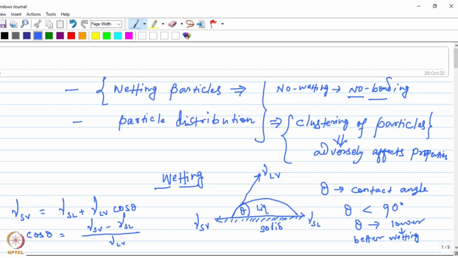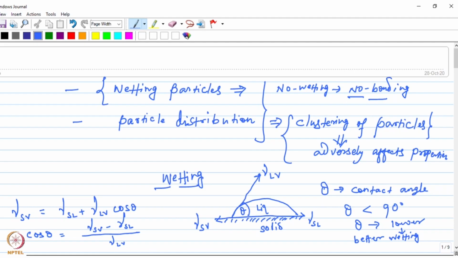So this is the first requirement for a bond between the particle and the metal to form. Unless and until the liquid wets the solid particle surface, the bond between them will not form, and in order to ensure a good bonding, the contact angle has to be less than 90 degree.